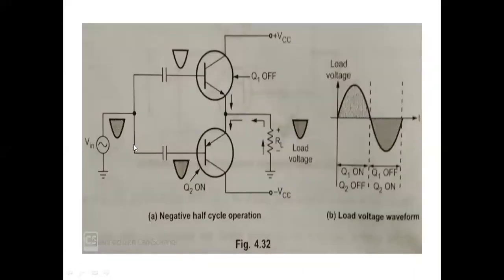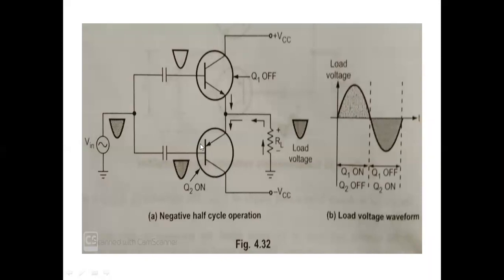During the negative half cycle, if you are applying some negative half cycle, it is passed to Q1. If it is a negative signal, the NPN transistor is in off condition, and this negative half cycle is applied to Q2 also. Since it is a PNP transistor, Q2 is on and it conducts, and we have some signal at the load resistance because of Q2.